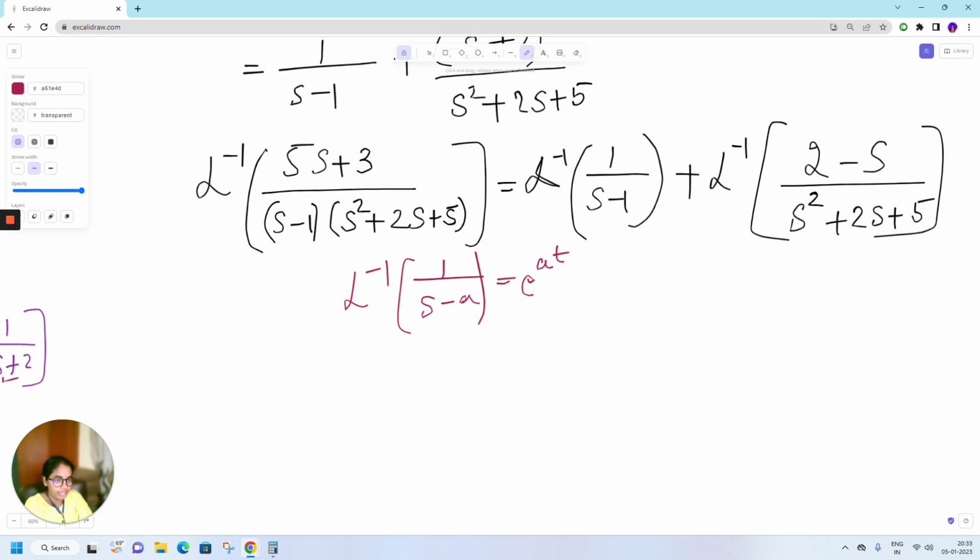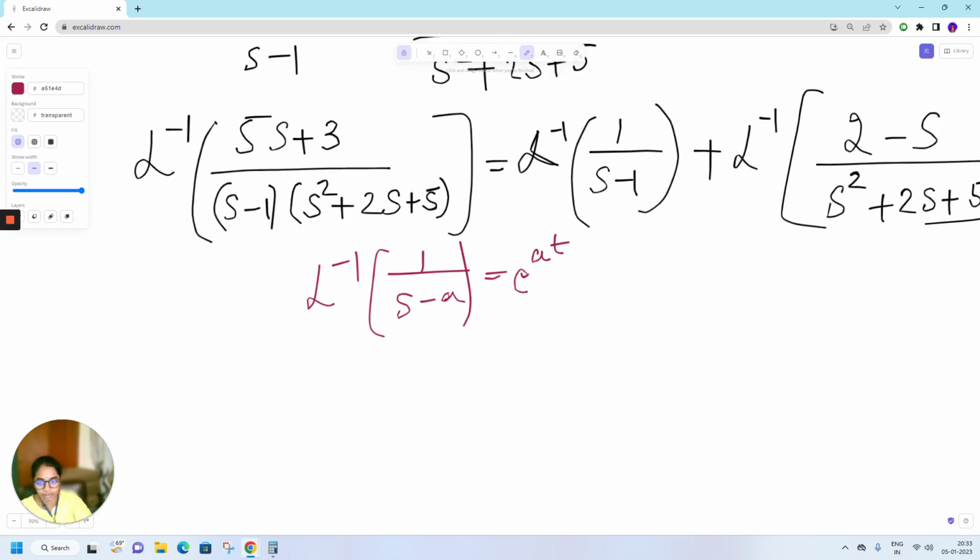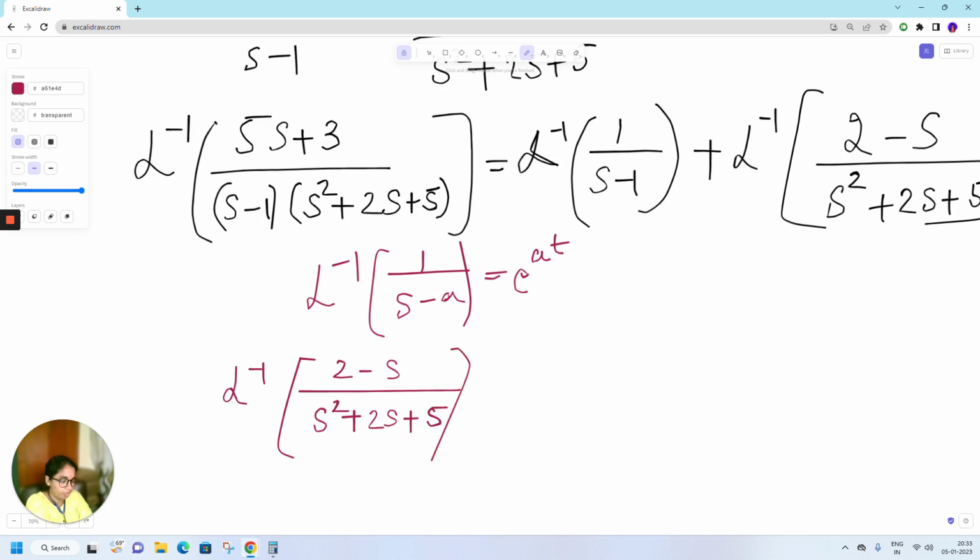For finding the Laplace inverse of the second term, 2 minus s divided by s square plus 2s plus 5, I would have to use the shifting property of inverse Laplace transform. What was the shifting property of inverse Laplace transform?